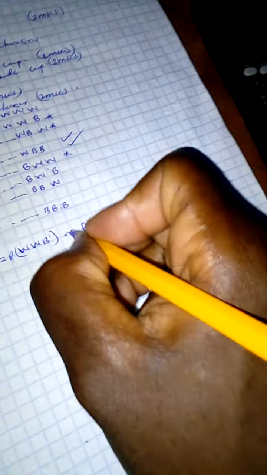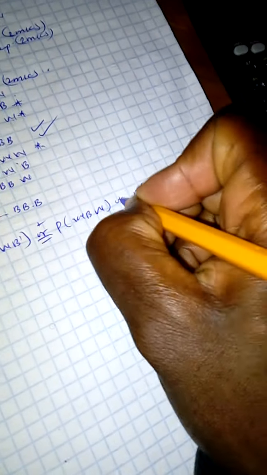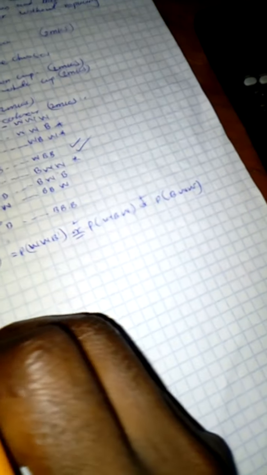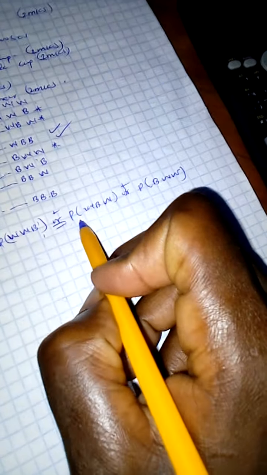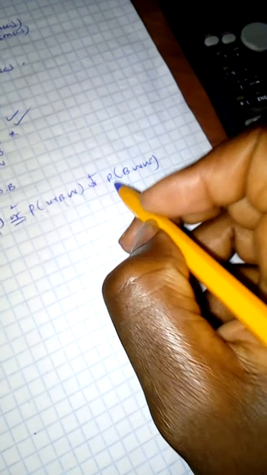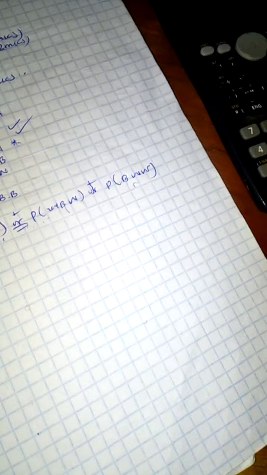Now, the word or means addition in probability. That means the probability of 2 white and 1 brown is given by the probability of white, white, brown plus the probability of white, brown, white plus the probability of brown, white, white.